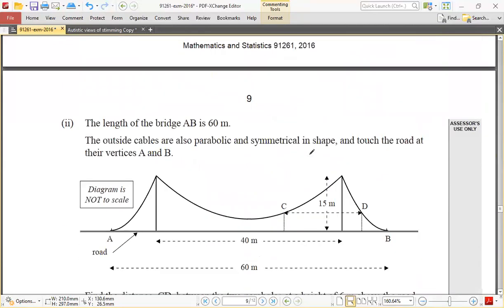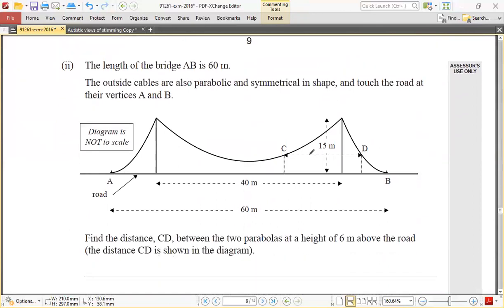Now, this gets trickier. So this one, we've still got the same thing. We know that we've got that. We know that point is, what was it, 20, 15. We know that that point is 10, 6.